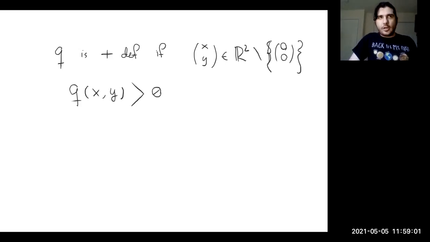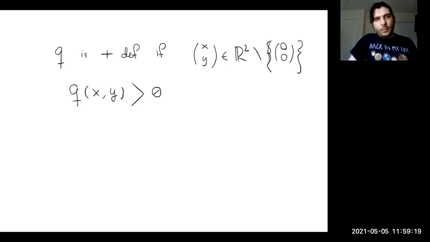For example, it should be positive even for a vector like (0, 1) or (1, 0). It can only be 0 when the vector itself is 0, which means both components are 0.